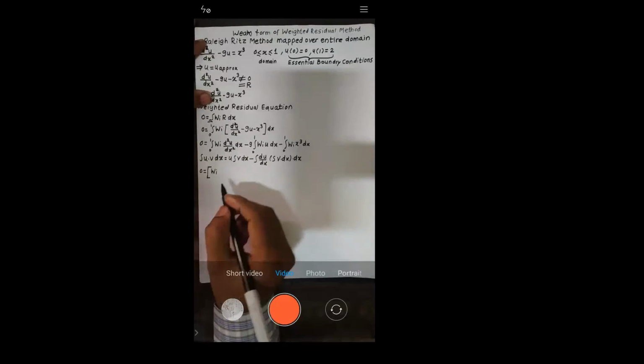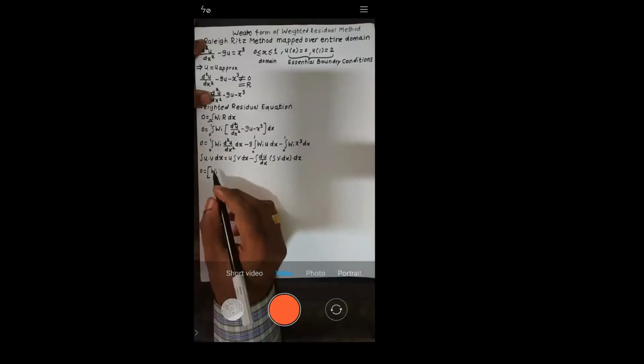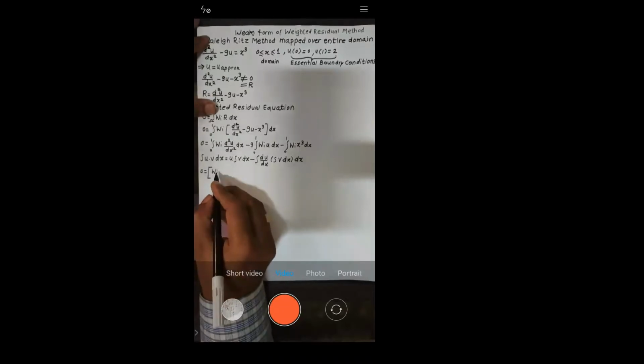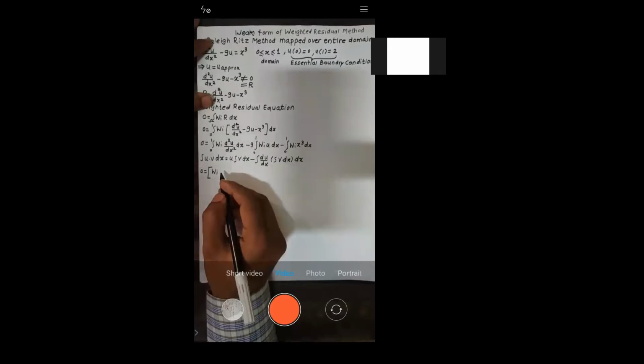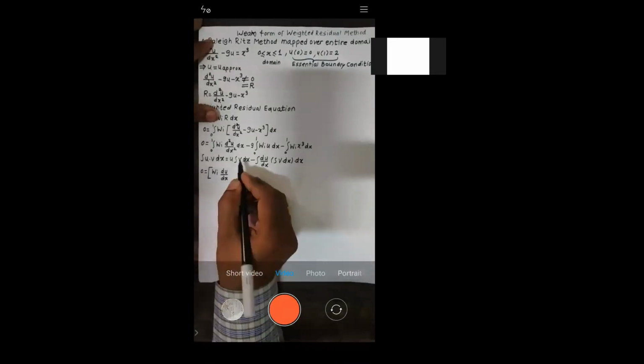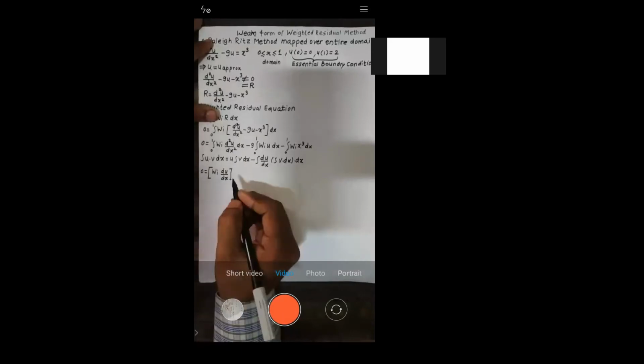Tell me what is the integration of d square u by dx square? Right, du by dx. First into integration of second. Okay, so as you have done the integration, you need to give the limits. So the limit will be 0 to 1.